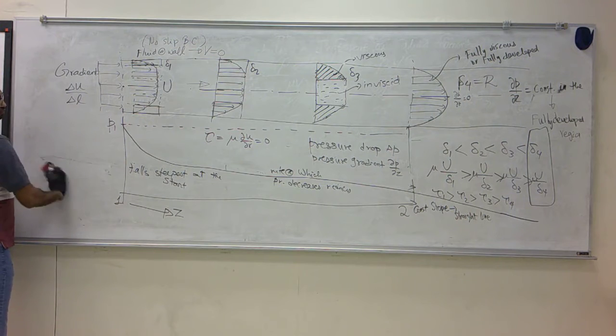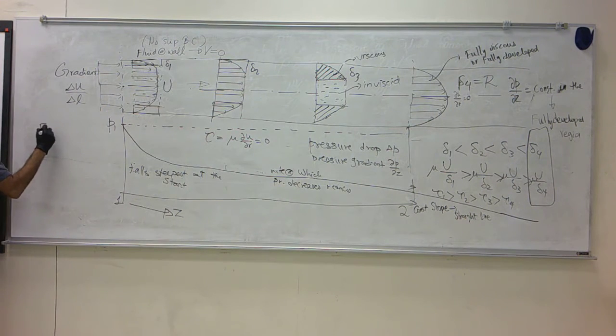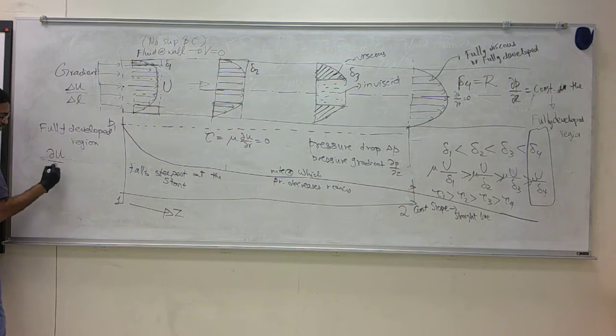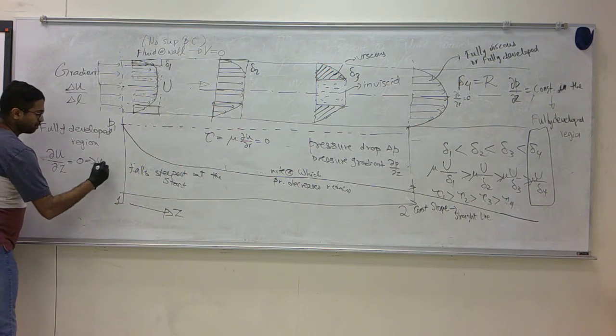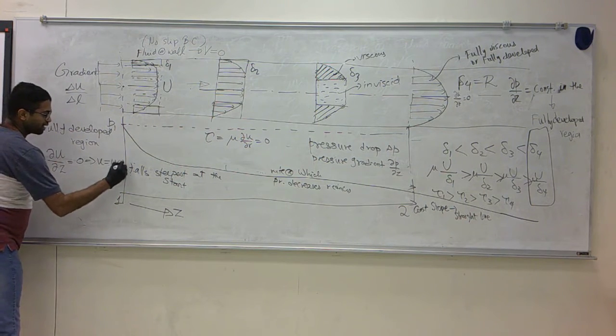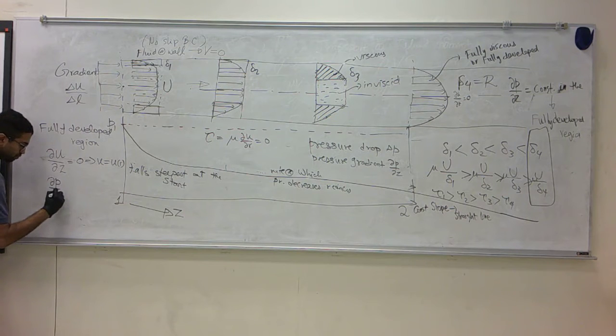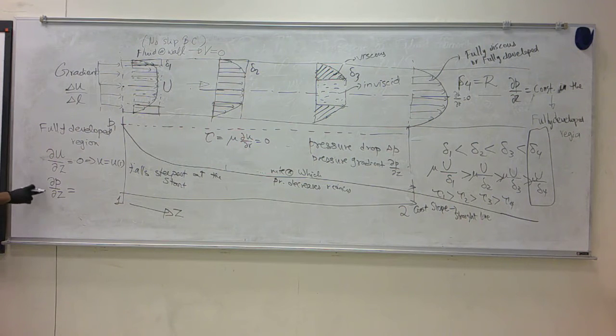One is, in the fully developed region, the velocity profile is no longer dependent on the axial location. The velocity profile depends only on the radial location. Okay? And then the pressure gradient, the pressure falls at a constant rate, or the pressure gradient is a constant.